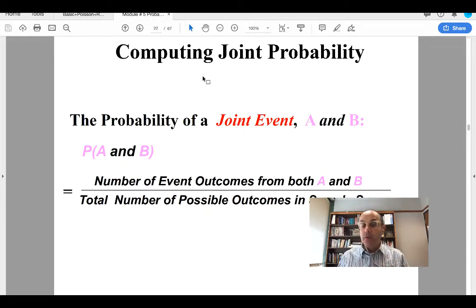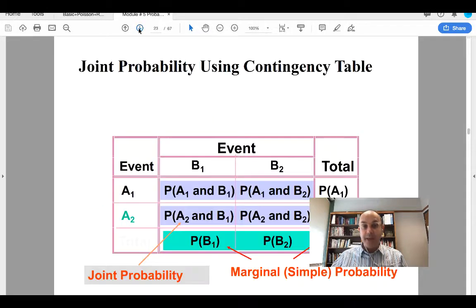How do we compute the joint probability? Again, the P is the key component and it holds A and B. So the number of event outcomes from both A and B divided by the total number of possible outcomes in a sample space.